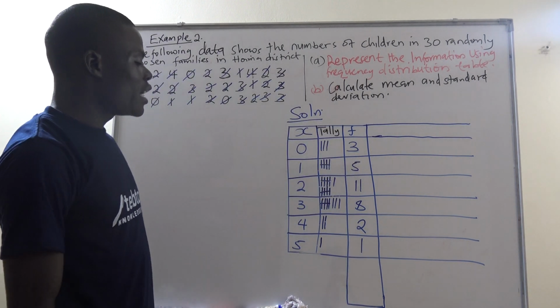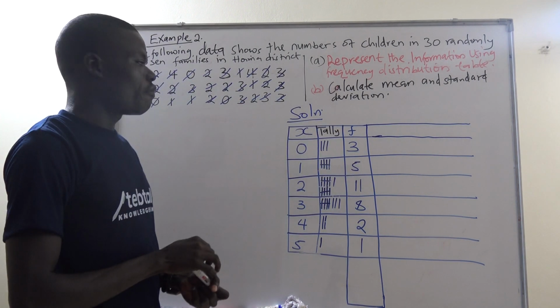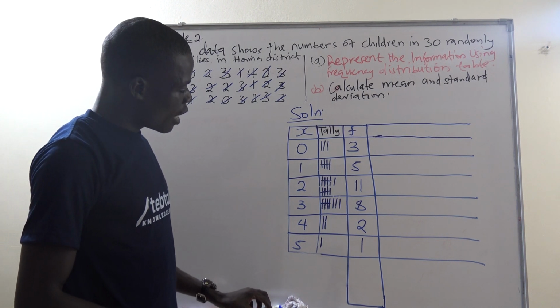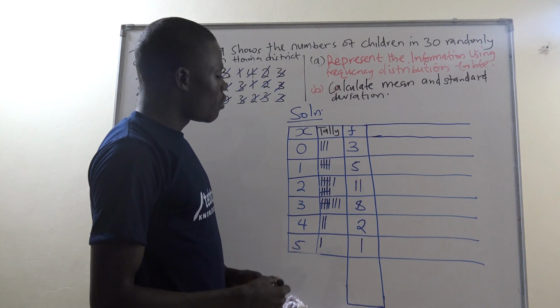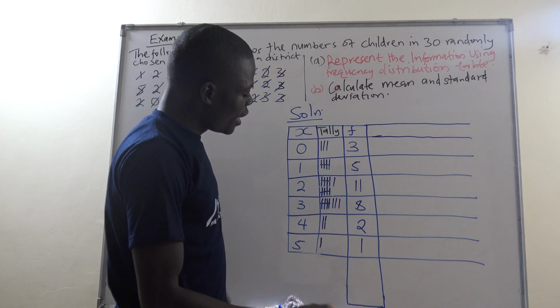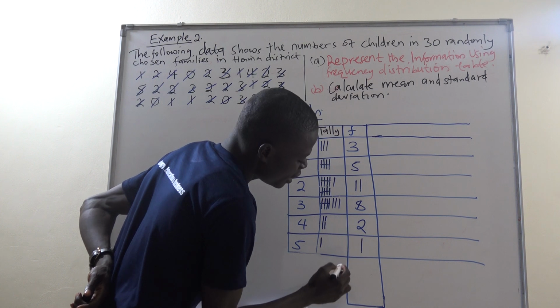So we say that immediately you finish the column of frequency, make sure you sum or you get the total frequency at once here below the last value.